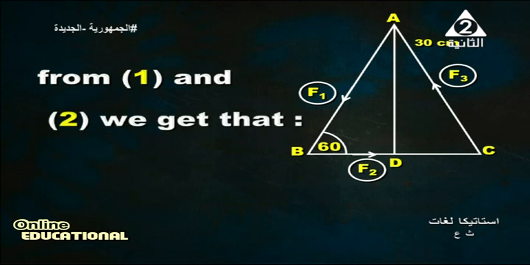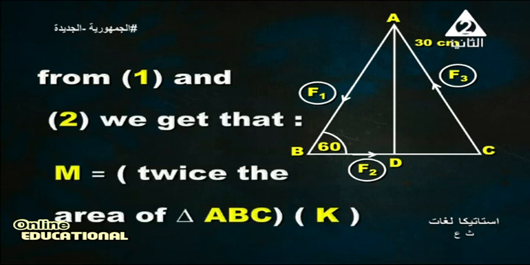From 1 and 2 we get the moment of the couple equals twice the area of triangle ABC multiplied by K, or the ratio between the force and L.